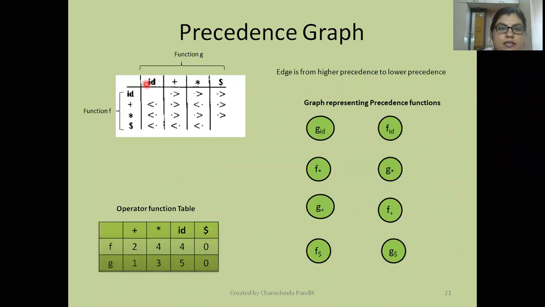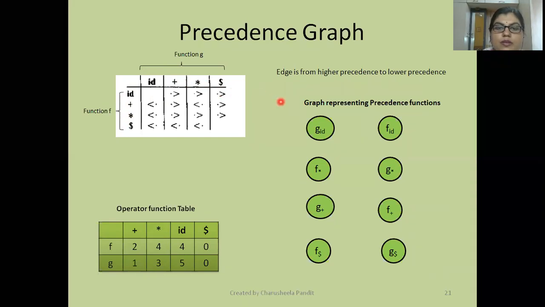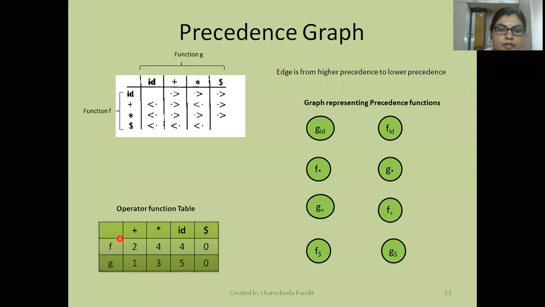So you can see these are the terminals on the column side, so they have function g, and these are the terminals on the row side. They have function f.